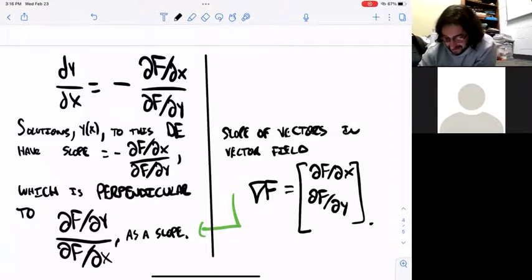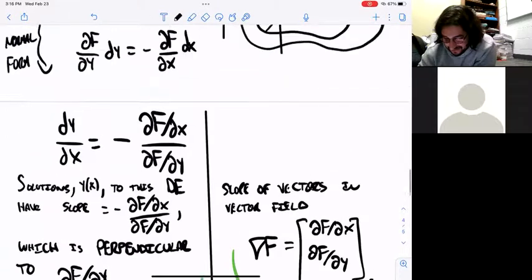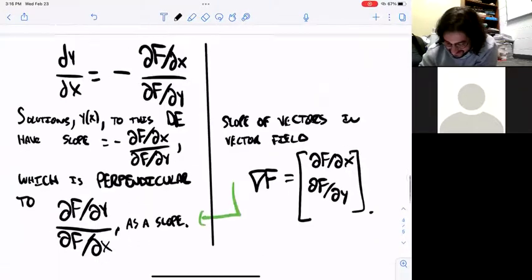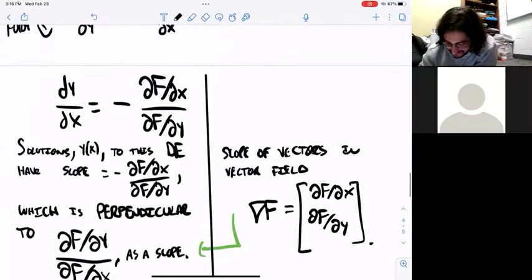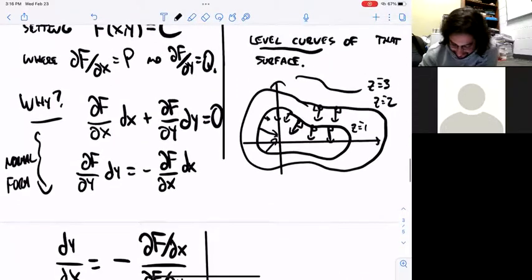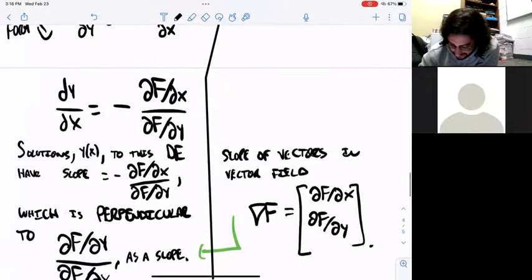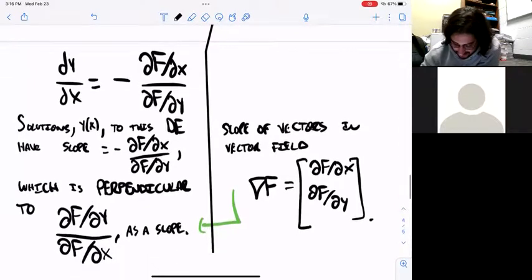So how do I get perpendicular to that? Well, that's this fact here, level curves. Level curves are perpendicular to the gradient. That's exactly the last connection. So this is the slope of the vectors in the gradient.